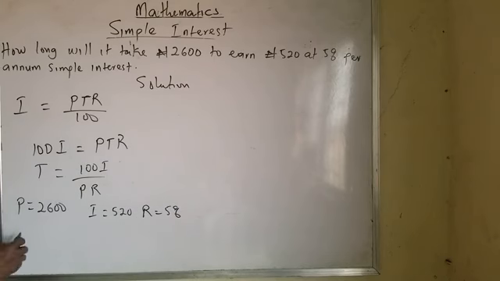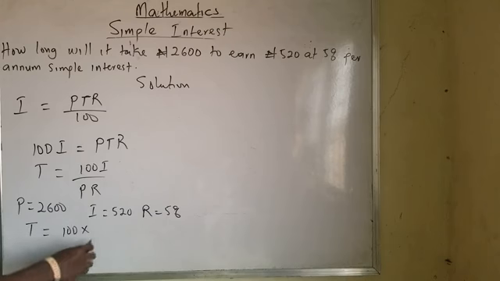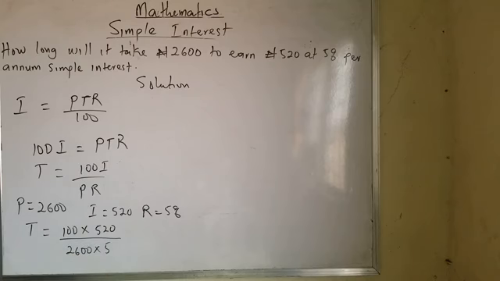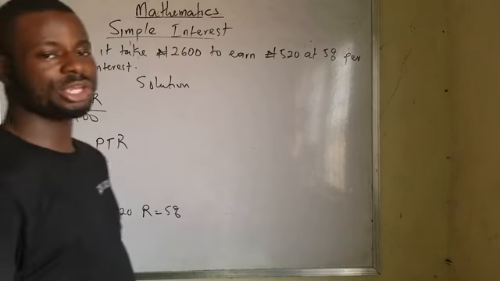So time will be equal to 100 multiplied by 520 divided by 2,600 multiplied by 5. Multiplying together, my time will be equal to 4 years. With this, I think you can understand simple interest very well.